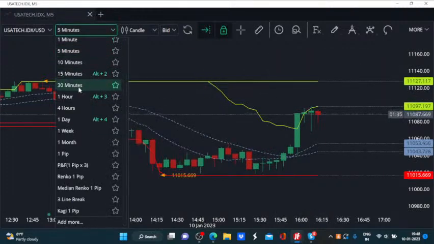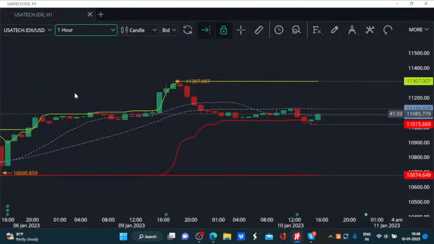So in today's session, we have the best momentum in the bullish territory.